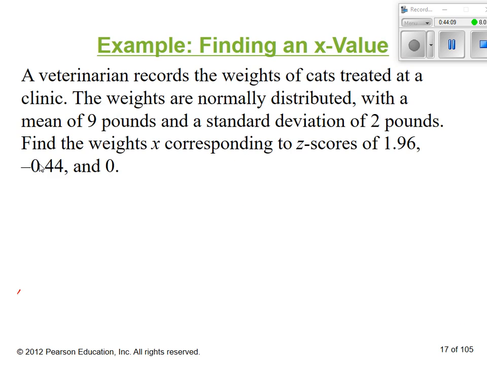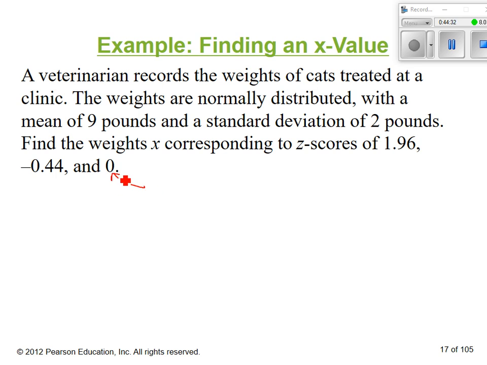A veterinarian records the weights of cats treated at a clinic. The weights are normally distributed with a mean of 9 pounds and a standard deviation of 2 pounds. Find the weights X corresponding to a Z-score of 1.96, a Z-score of negative 0.44, and a Z-score of 0. Well, this one here should be pretty easy.